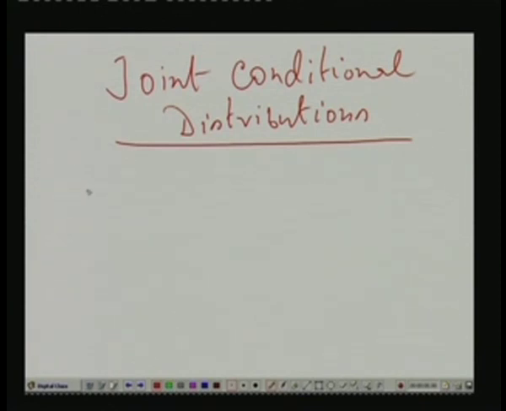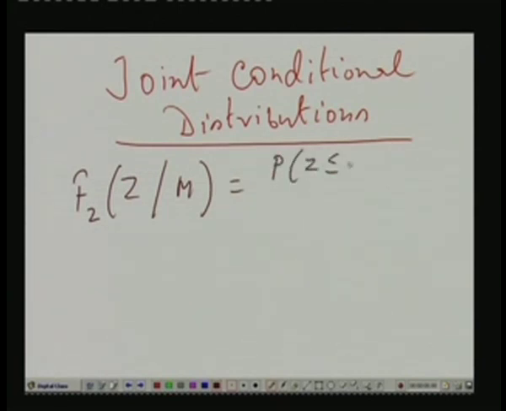In both cases, you can say that the distribution of Z subject to the event M is the probability of Z taking value less than or equal to capital Z along with M. So, this joint event, both M taking place and this event taking place, divided by the probability of the event M.